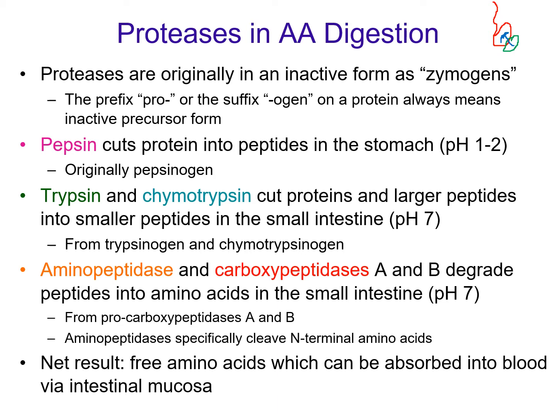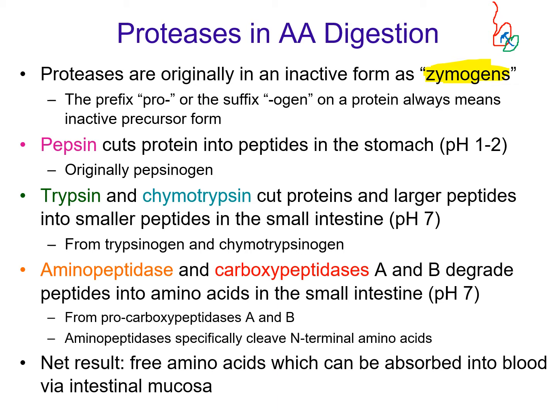Our proteases, of course, are enzymes that break down proteins, and they exist in two forms called zymogens. A zymogen just means that when we're not trying to digest a protein, the protease has an inactive form, and then usually by the process of phosphorylation, those proteases get into the active form where they can digest our food.